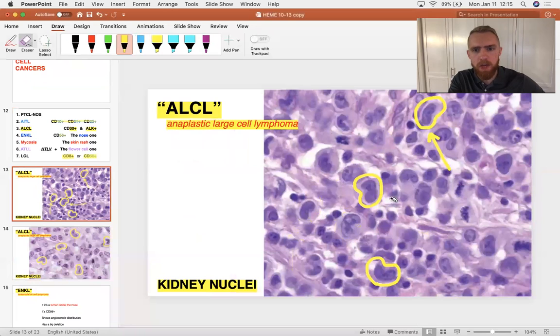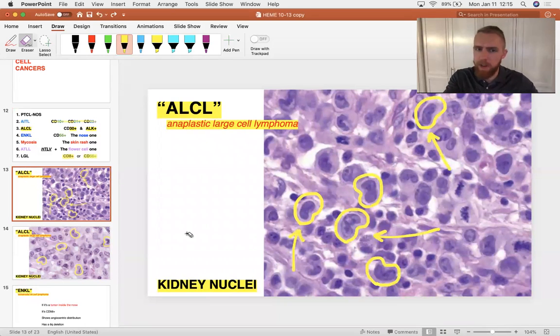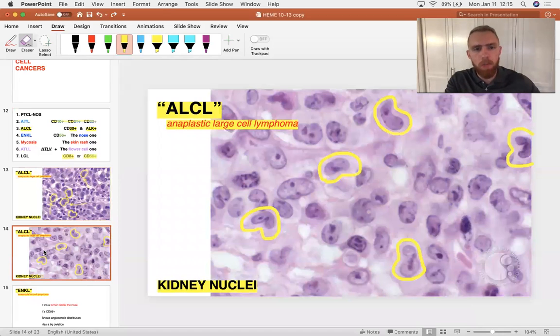Don't know why that's not doing that. But if you look closely, there they are. So that's the hallmark of anaplastic large cell lymphoma.